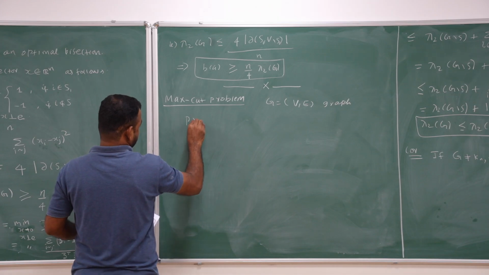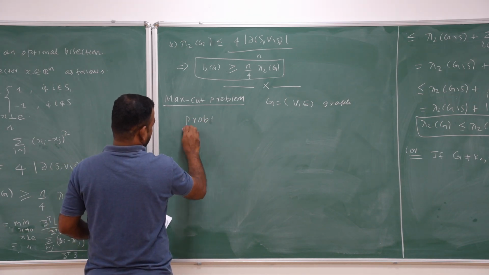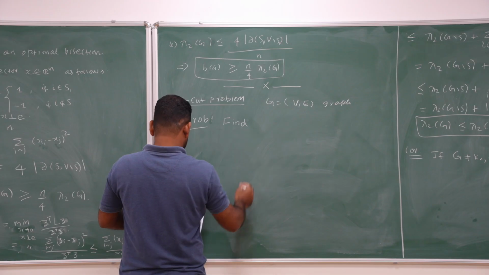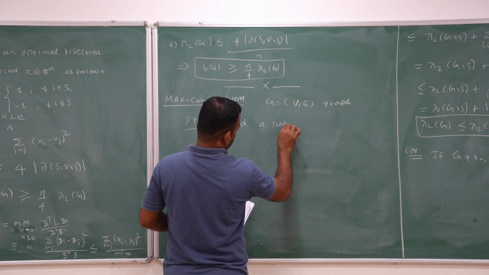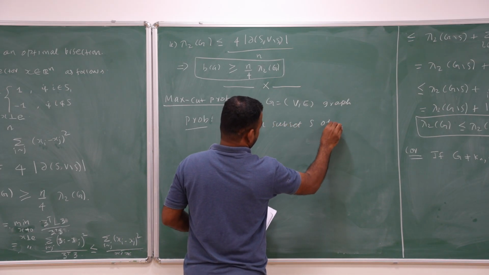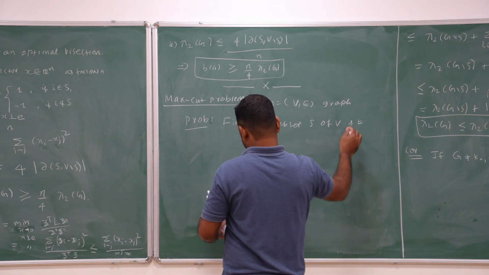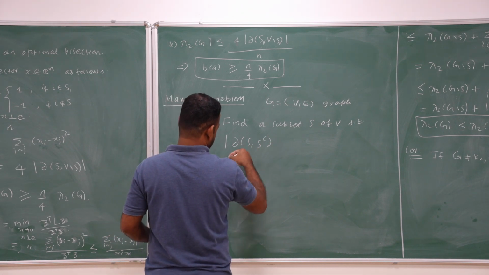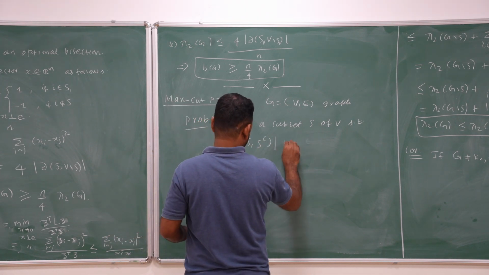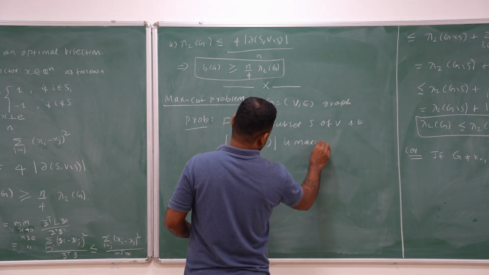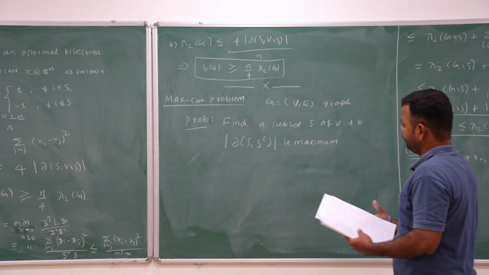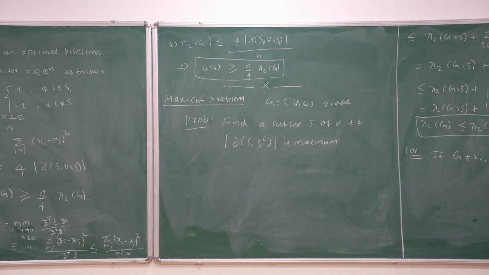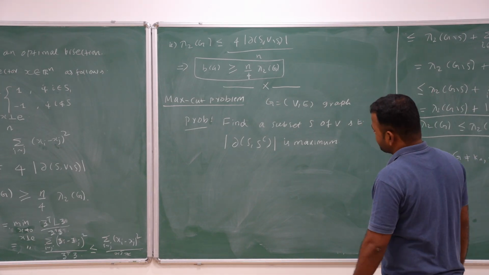The problem is to find a subset S of V such that the cut associated with this S is maximum. Here we don't have any restriction on S. The cardinality of S and S complement can be anything.